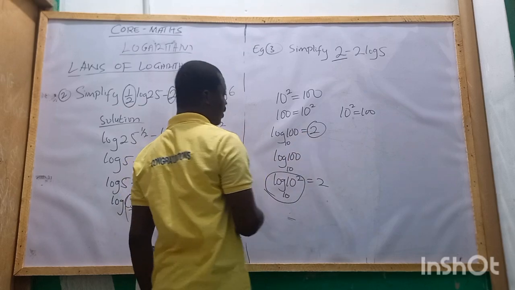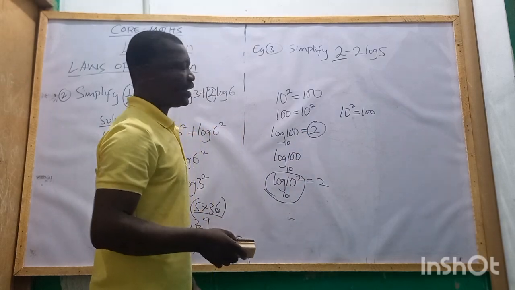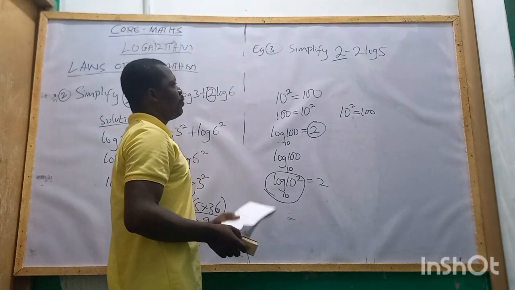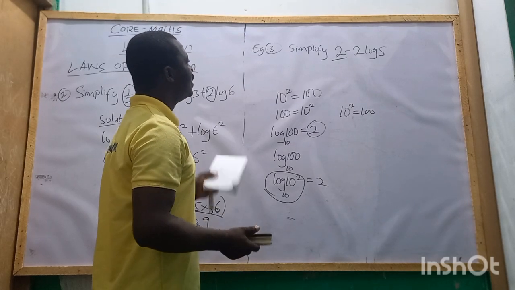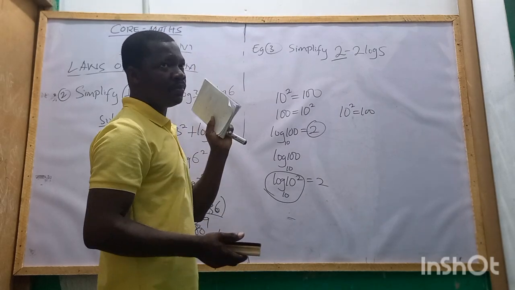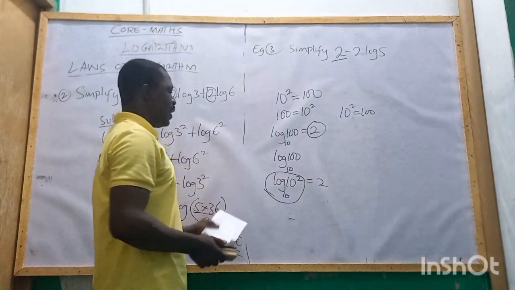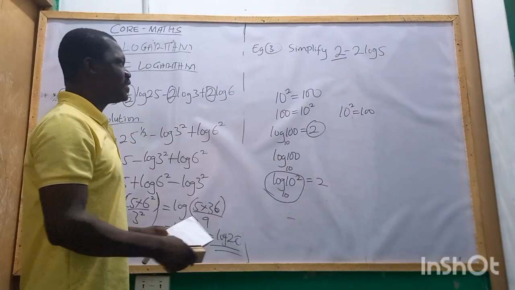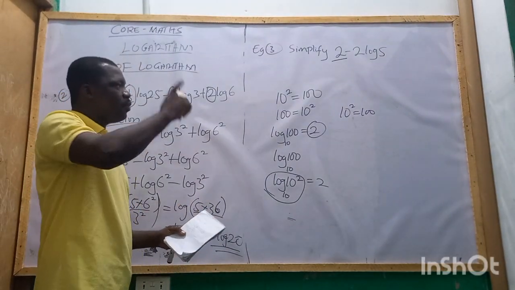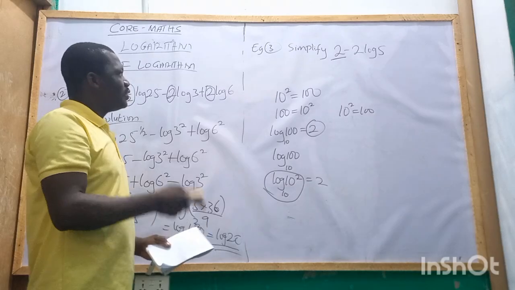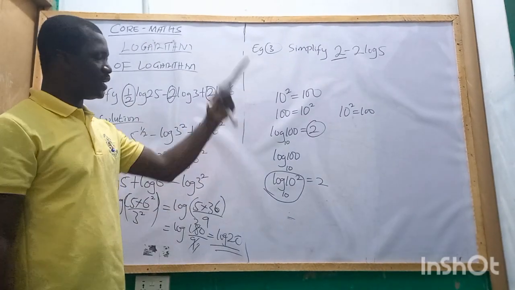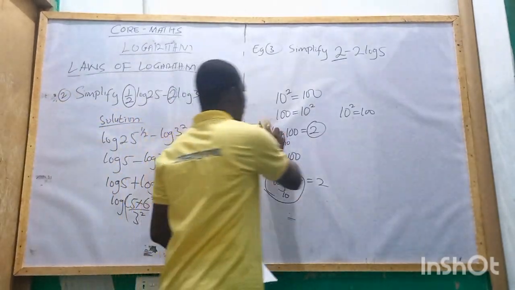Please take your time and listen to it very well. You understand it, right? Anytime you are working with a given base and you are given a number, just write the base to the exponent of that number, then you write it in a log form. You get what I have had over here. I'll give you one to go and try.